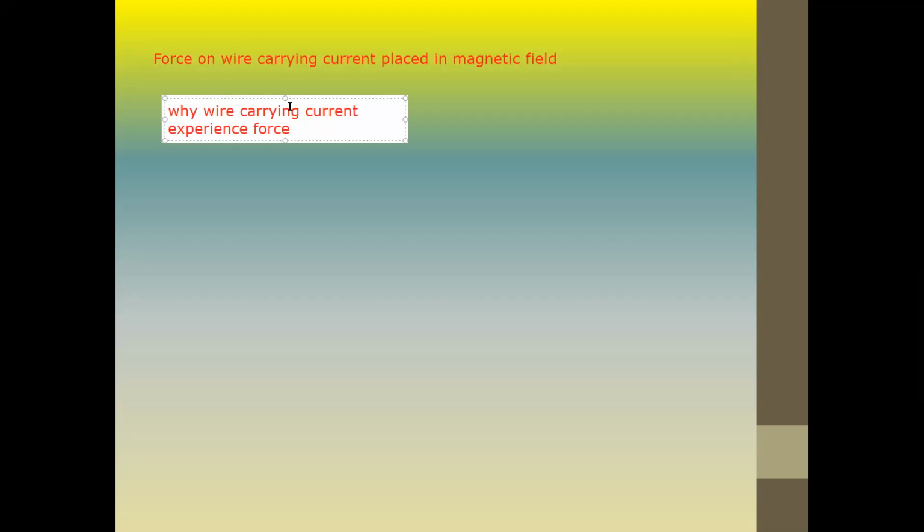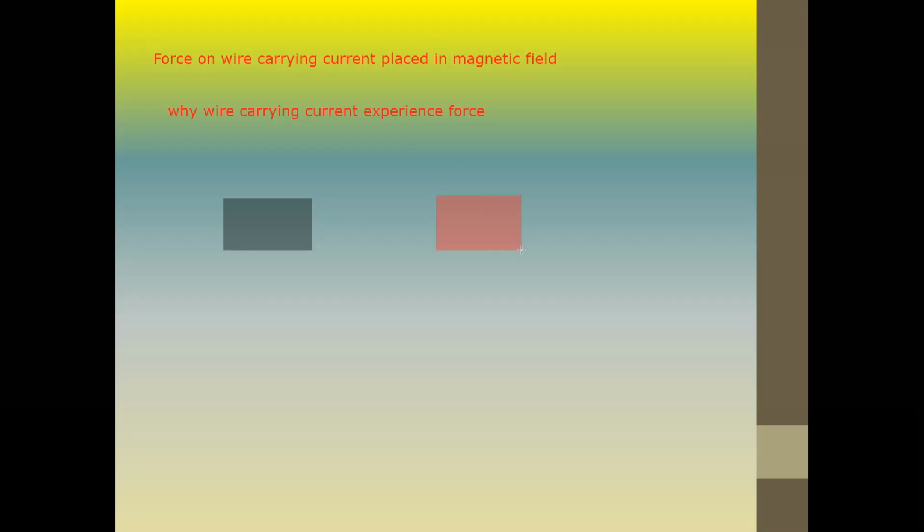First thing, why does the wire experience force when it is placed in a magnetic field? What is the reason that a wire which is carrying the current experiences the force?